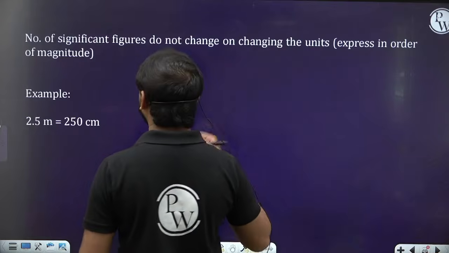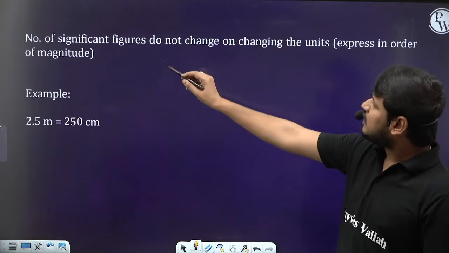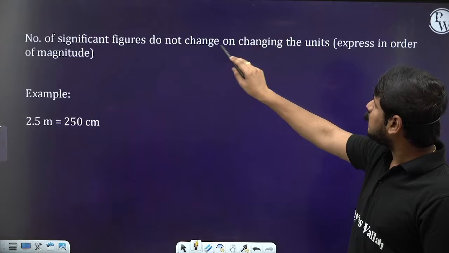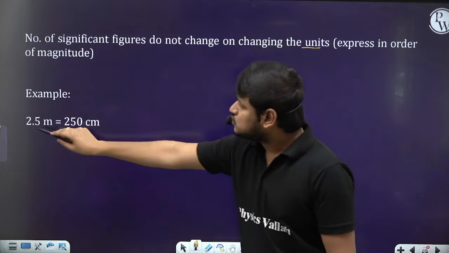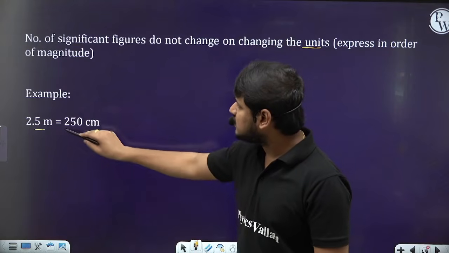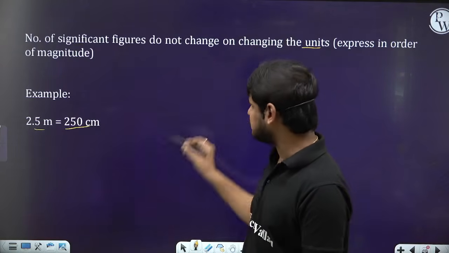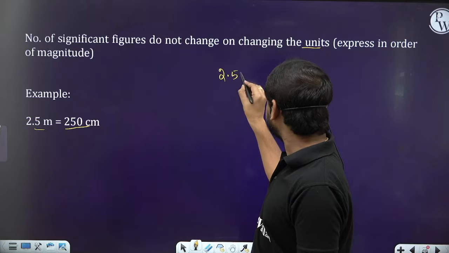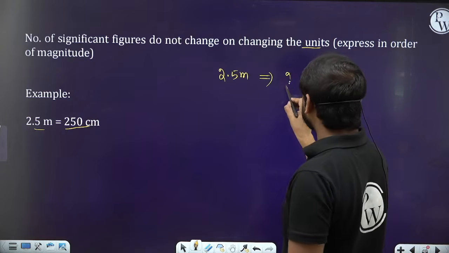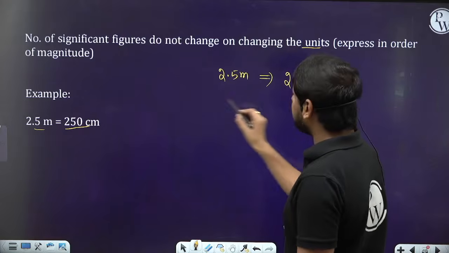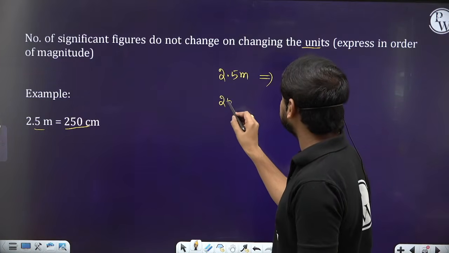So let's go for the next rule. The number of significant figures does not change on changing the units. For example, 2.5 meters is equal to 250 centimeters. In 2.5 meters, how many significant figures are there? 2 and 5, so 2 significant figures. What about 250 centimeters?